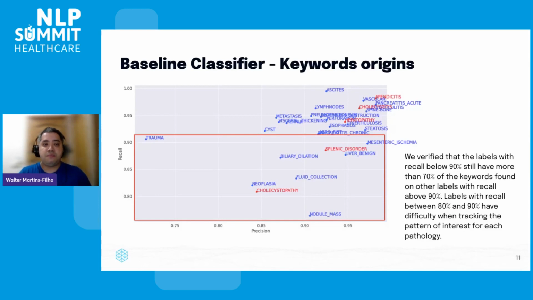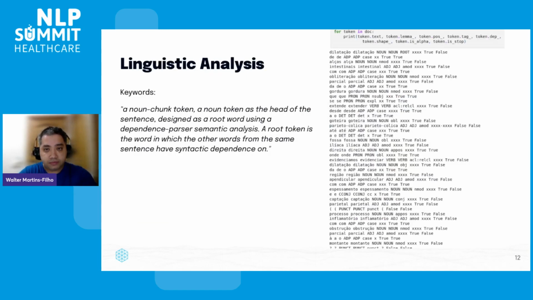When we think about the baseline classifier again, what we see is that there are several classes between the 70% and 92% thresholds, and we verify that these labels, with recall below 90%, have more than 70% of the keywords from all the labels. So what we define as keywords, the keywords identified as a non-chunk token.